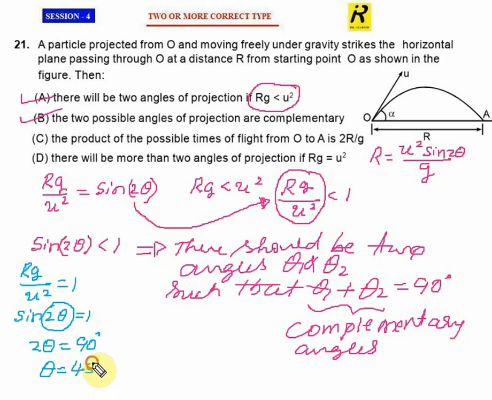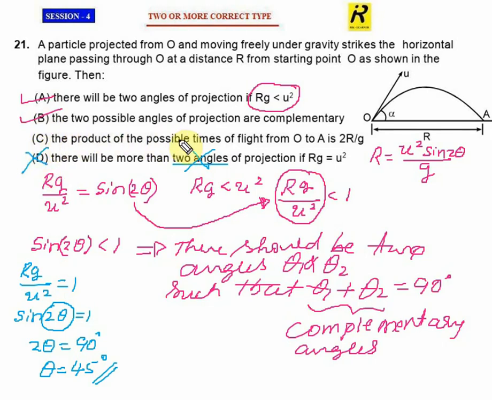This is the only possible angle, so there do not exist two angles, there exists only one angle. So this option is wrong. So we may conclude option A is right, B is right and D is wrong. Still one more option is left, that is C.